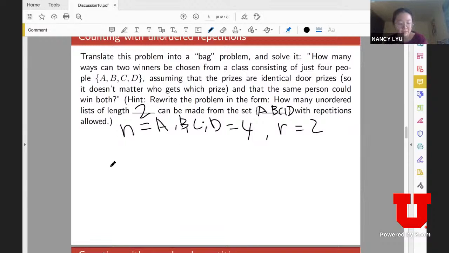So what is the formula going to look like for this one? This is the bag problem. The order doesn't matter, and we can have repeats. Would it be C(R+N-1, 2)? Mm-hmm.